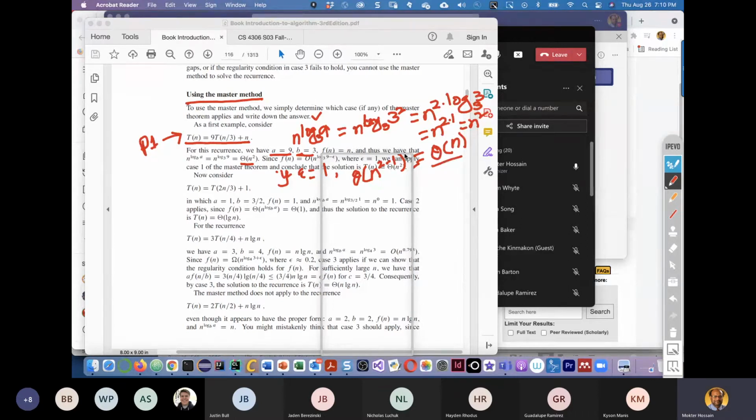And that is our function, f(n) equal to n. So we got n over here, the same function.